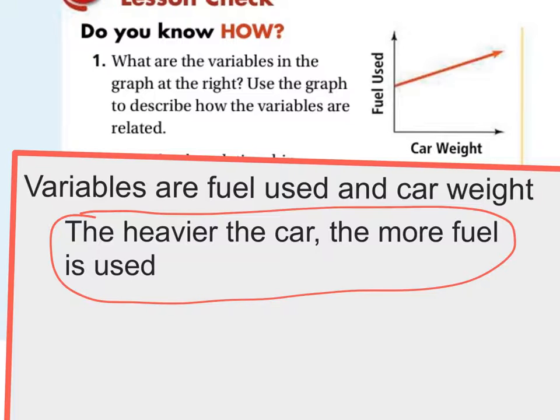And remember, going back to earlier, we talked about independent and dependent. So the y-axis is dependent. So the fuel used depends on how much the car weighs. It doesn't really go the other way.